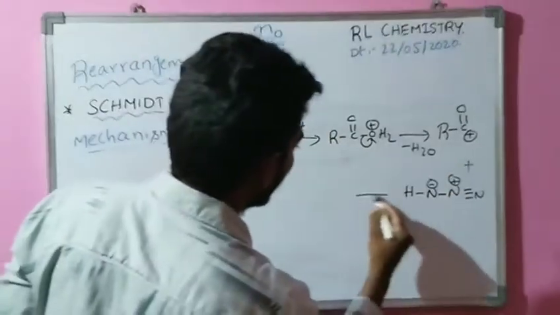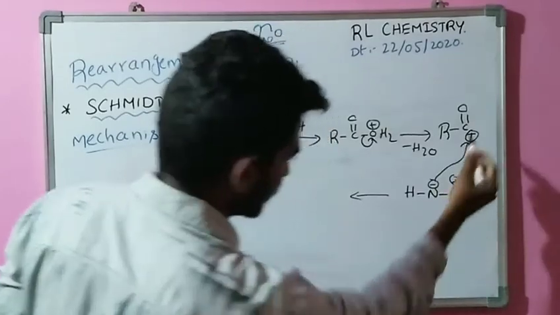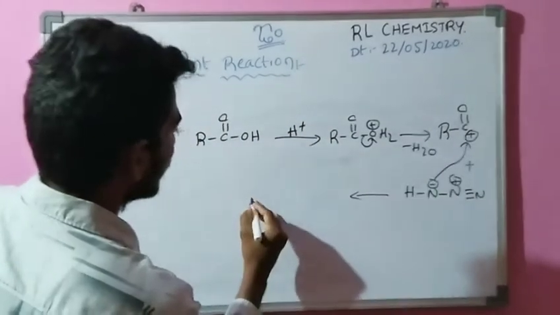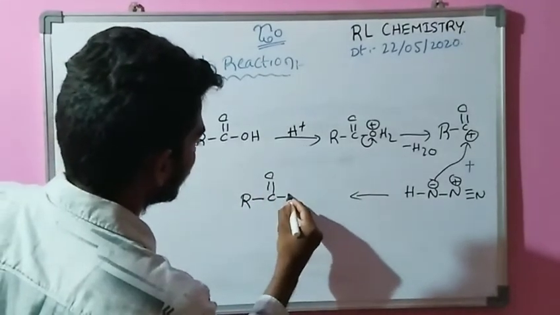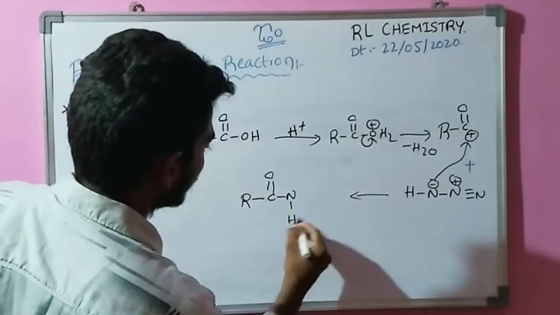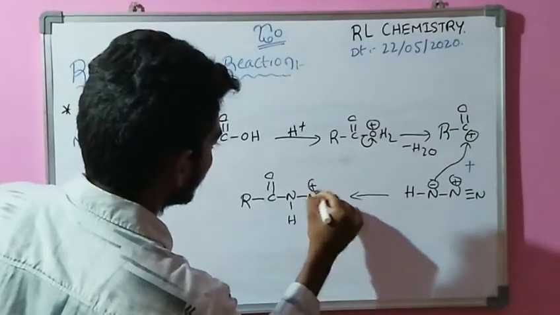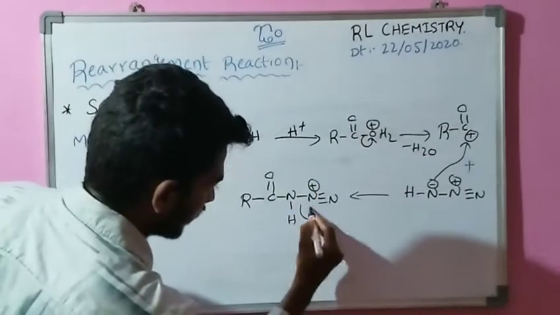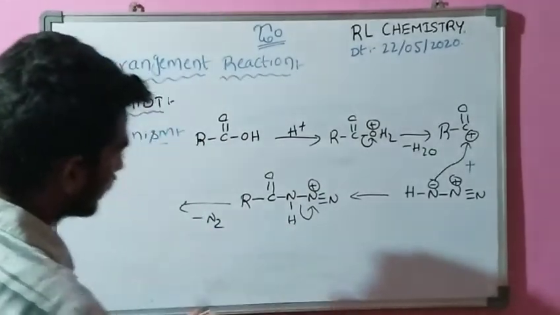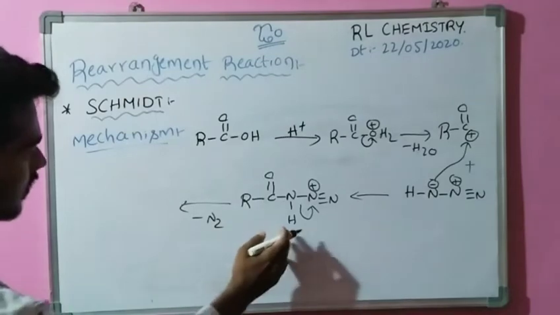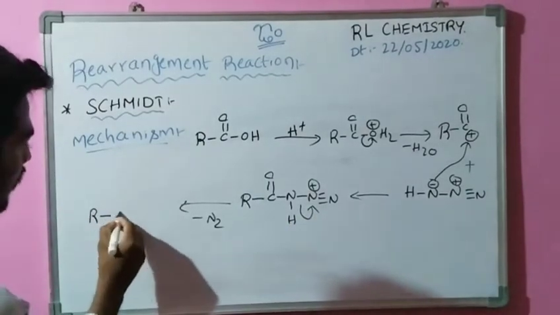Now this minus charge directly reacts with this plus carbocation. Now it forms this type of intermediate. Then nitrogen gas, N2, is removed in this reaction.